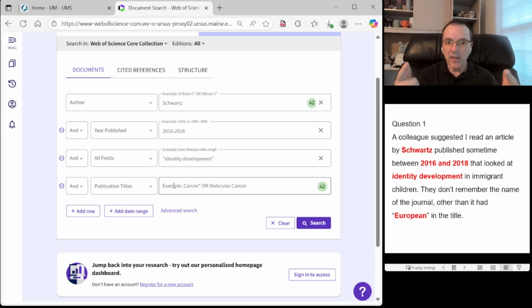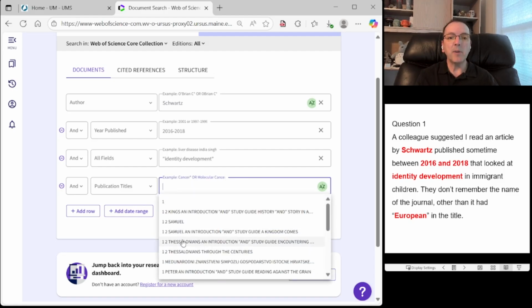But that's not the way this works. It's a problem going with publication titles, that the publication title only really works as a search if you know the name of the title. It really operates off of these drop-down lists. And so if you don't know the exact name of the title, it's not going to work.